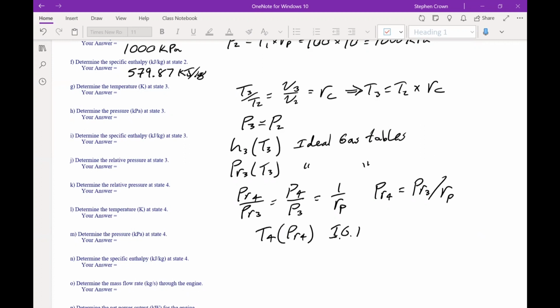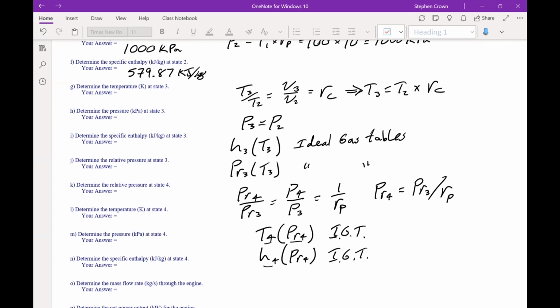And then h4 as a function of Pr4 from the ideal gas tables. So once you know Pr4, you can find T4 and h4.